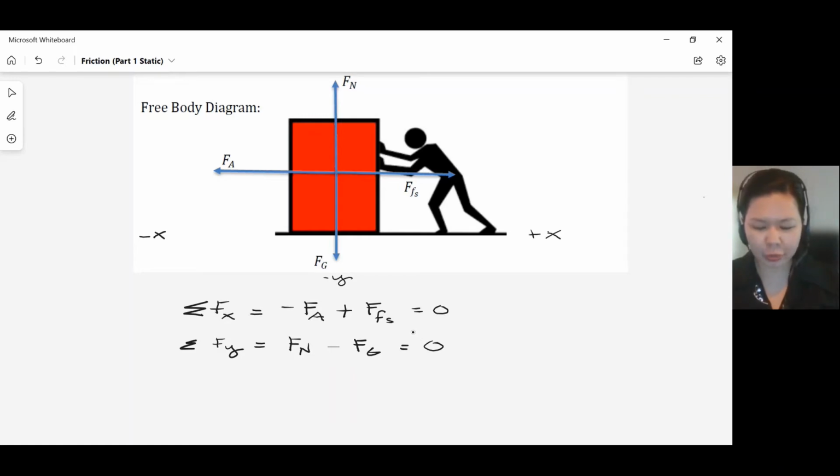So using now summation of Fx, we can obtain the value of Fs when applied a pushing force of 100 newtons. This is what we are looking for in letter A. Find Fs.